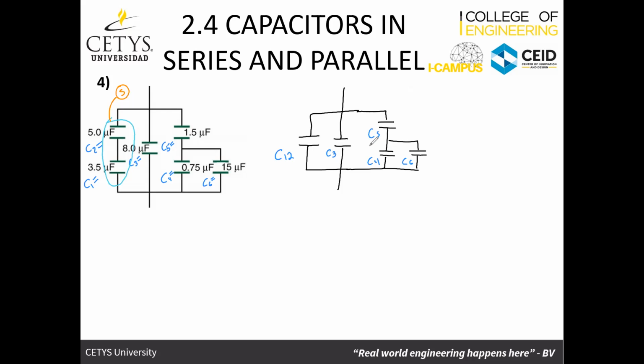Now there's a couple of ways we can approach this. I'm going to join these two. These two are clearly in... What is this connection here? Parallel. Okay. And so I'm going to redraw this, and I'm going to have one capacitor here.